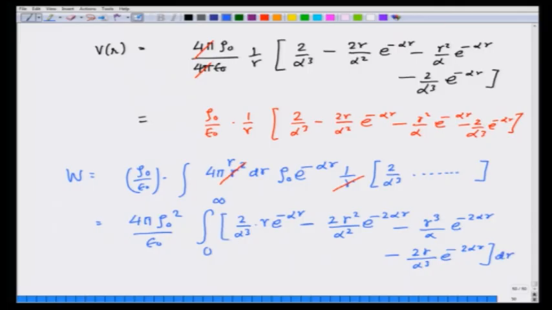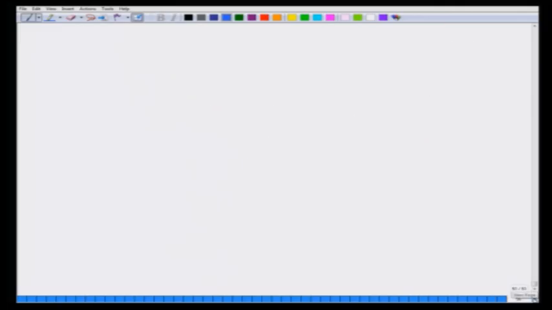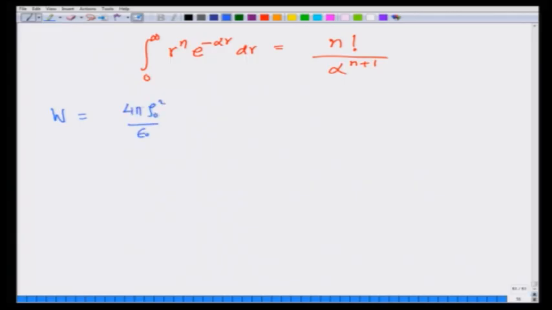Now, we are going to use the result that the integral from 0 to infinity of r raised to n e raised to minus alpha r dr is equal to n factorial over alpha raised to n plus 1, and that when applied to, let me write this term by term, work done is equal to 4 pi rho 0 square over epsilon 0.